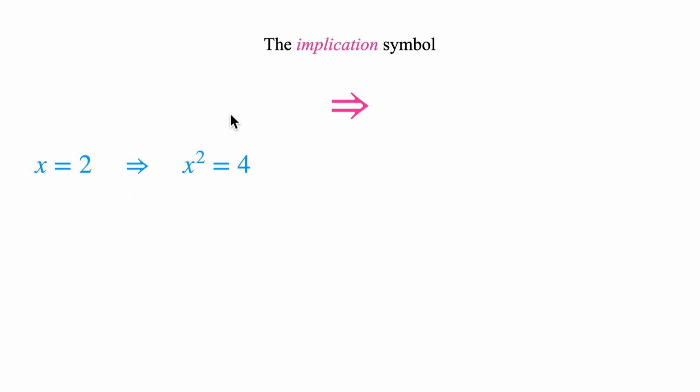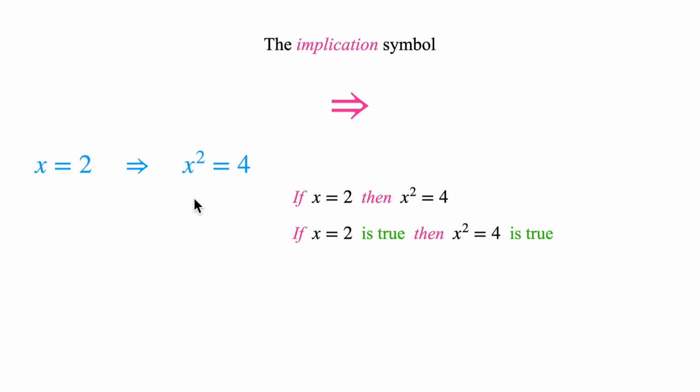You can write such a mathematical statement which can be read in many different ways. The first one is simply: if x is equal to 2, then x squared is equal to 4. It's obviously true, right? It can also be read in the following way: if the statement x is equal to 2 is true, then also x squared is equal to 4 is true.